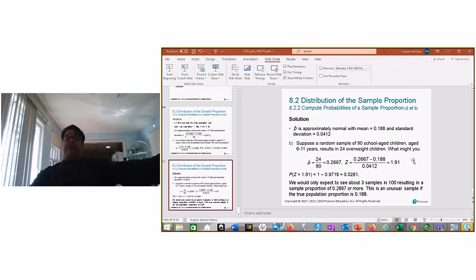So that's 2%, or 3 samples in 100, resulting in 26% or more. This is unusual because that's less than, what's your nickel rule? Nickel is 5 cents. Is that more or less than 5 cents? 3 cents is less than 5 cents, so that means it is unusual.